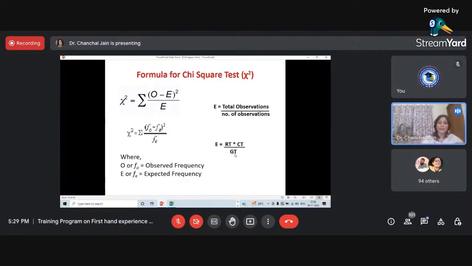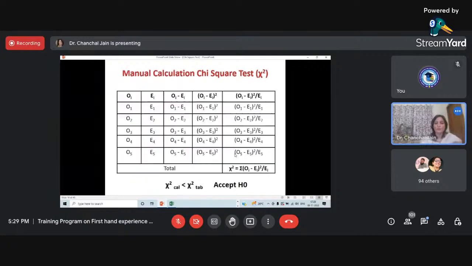So friends, this way we can calculate the chi-square value. In table format, you have the observed frequency and the calculated expected frequency. You take the difference, square it, and divide that square by the expected frequency, and when you sum the last column, you get the value of chi-square.